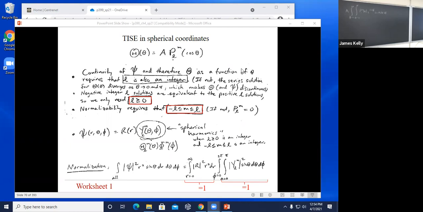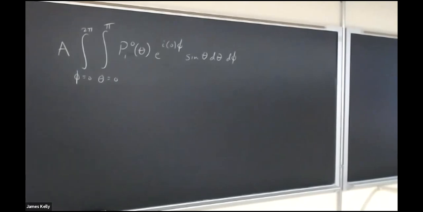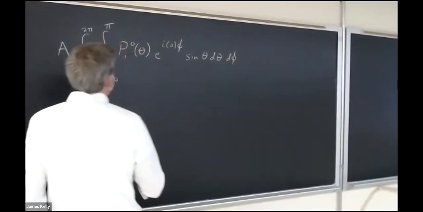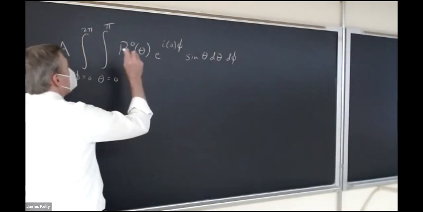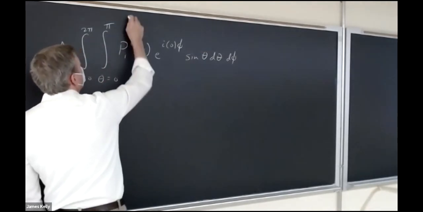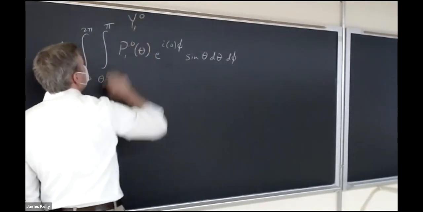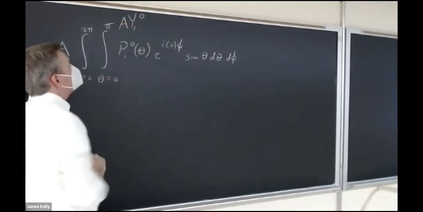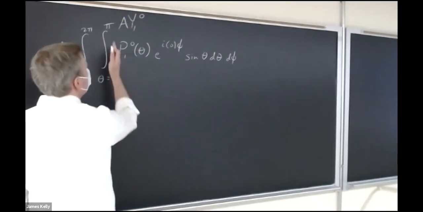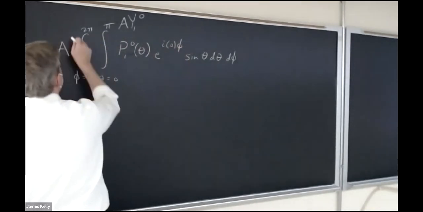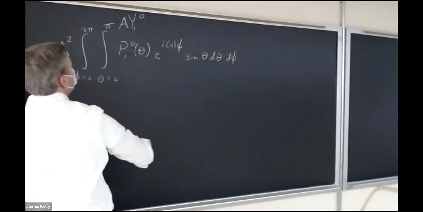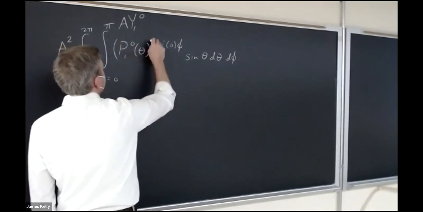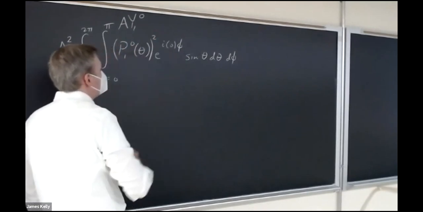So let's go back here. We're supposed to be using Y_1^0 and normalizing it. So we're going to put a constant out in front of it, and then this should be the magnitude squared, so a is going to be squared. I need this thing squared. It's real, so I don't need an absolute value.